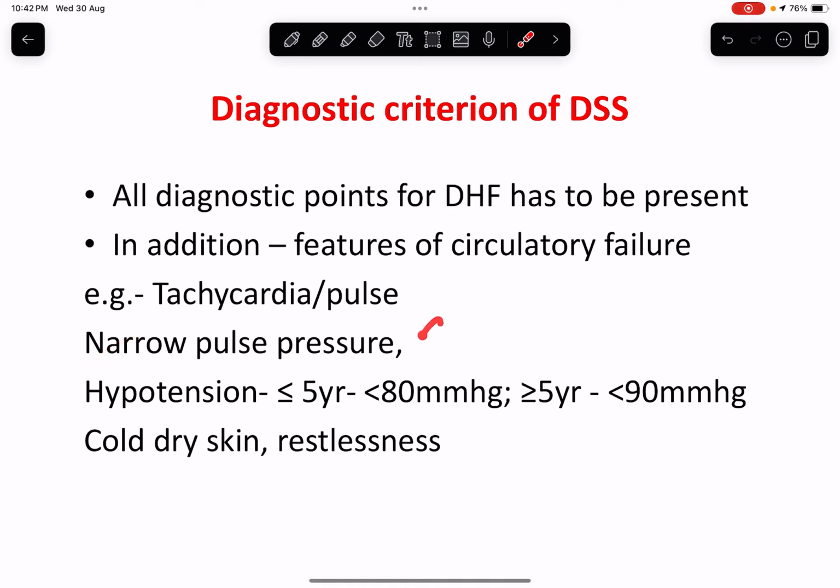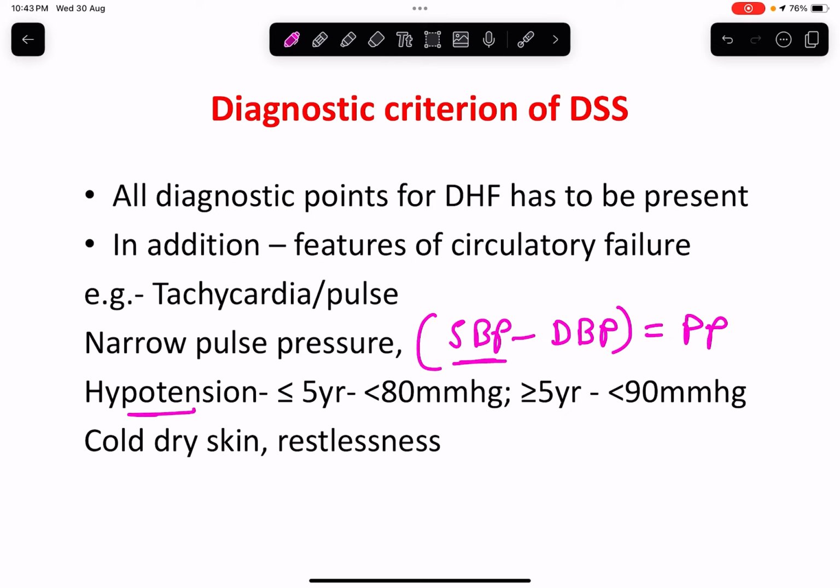What is pulse pressure? Pulse pressure is the difference between systolic and diastolic blood pressure. Okay, this is pulse pressure. So pulse pressure will become narrow because of shock. The systolic blood pressure will go down, so there will be a narrow pulse pressure. Hypotension, when do you call it hypotension?